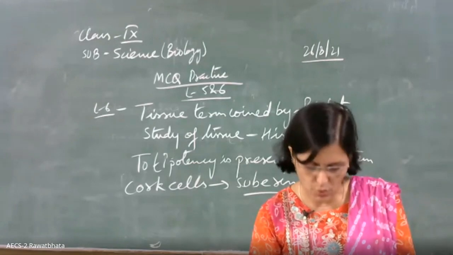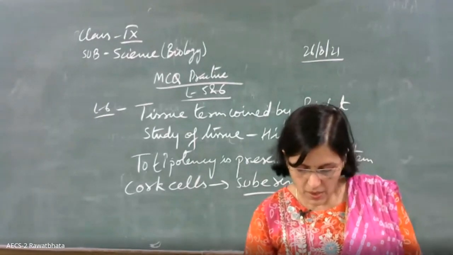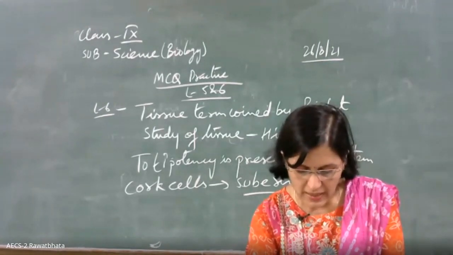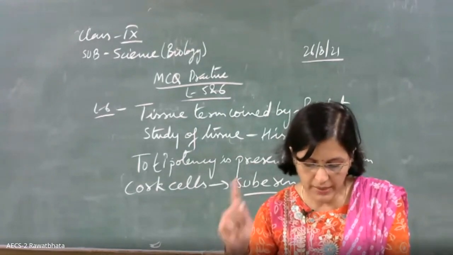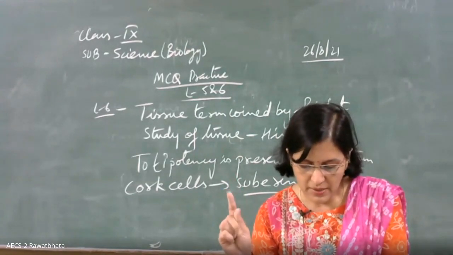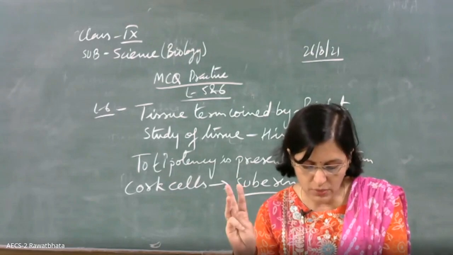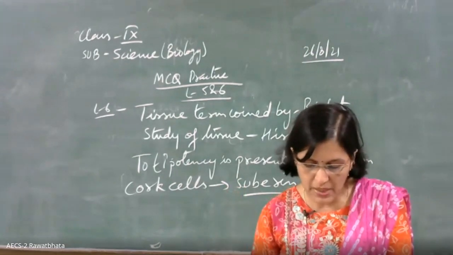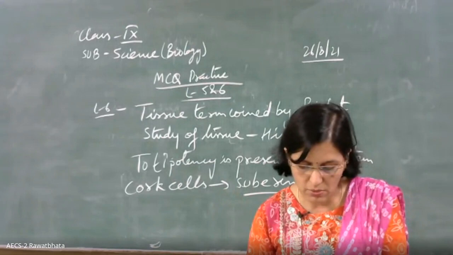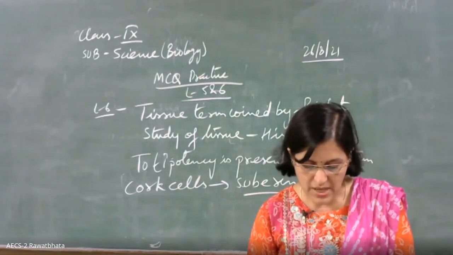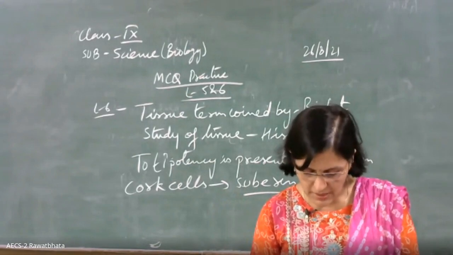Cutin. It has to be cutin, same name. No confusion, okay? Now, parenchyma differs from sclerenchyma in retaining cytoplasm at maturity, having thick walls, having a wide lumen, being meristematic. Meristematic is totally ruled out. And out of these three, A, B, and C, try to tell me the answer.